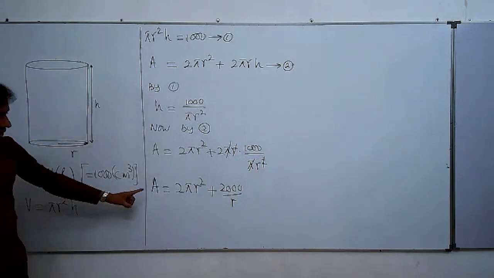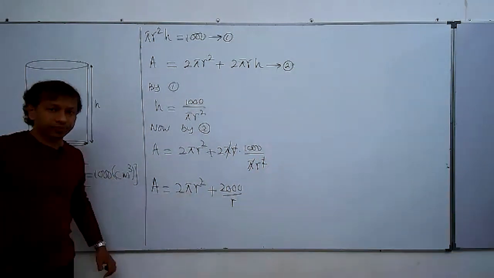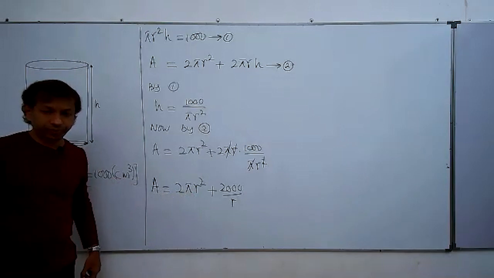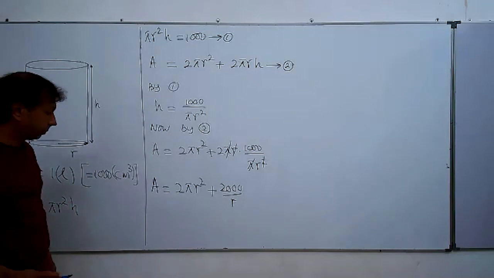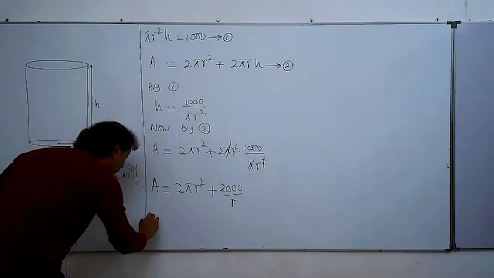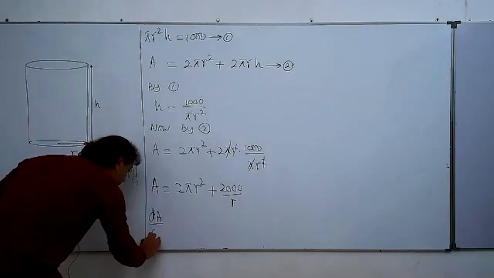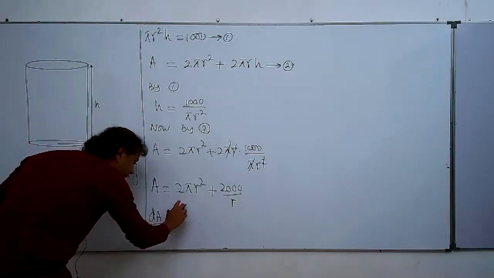Then you can see A is a function of R, right? Differentiate this A with respect to R, dA by dR. 2 pi is a constant.